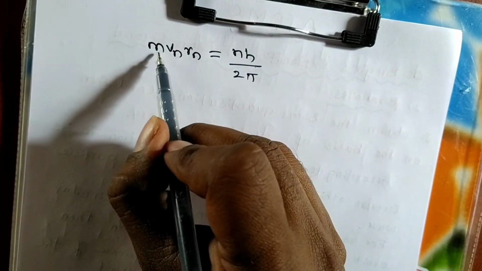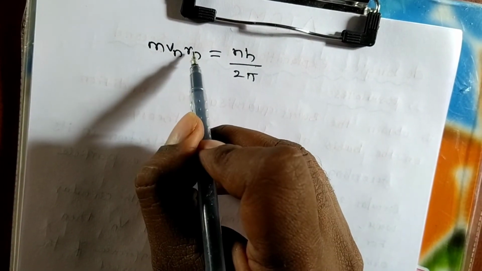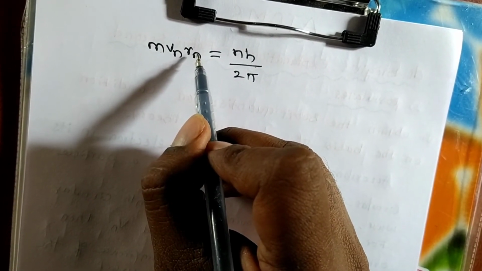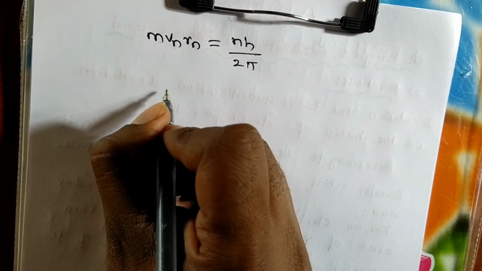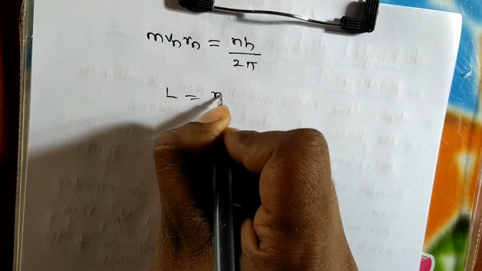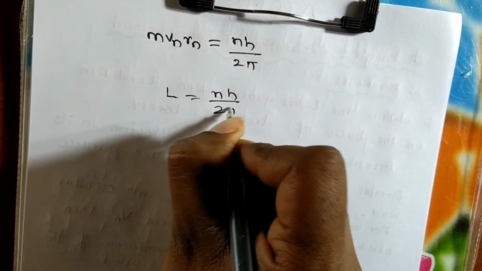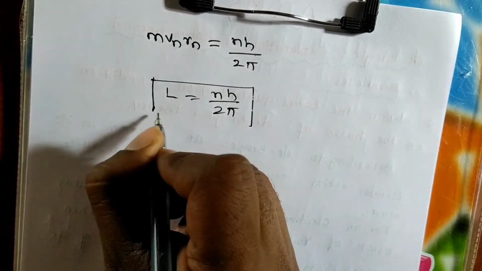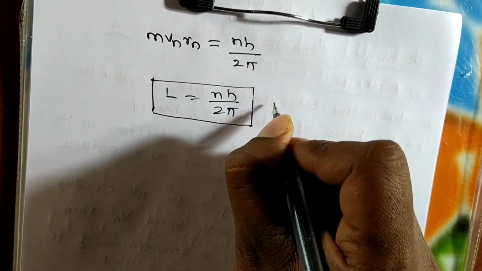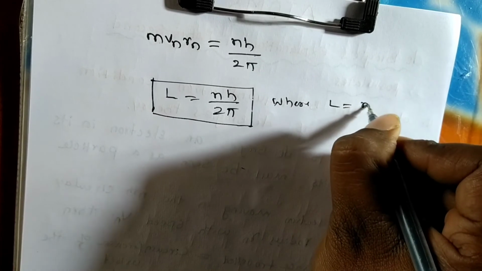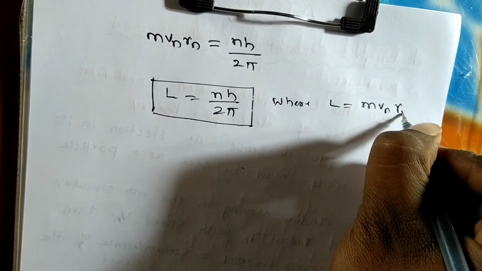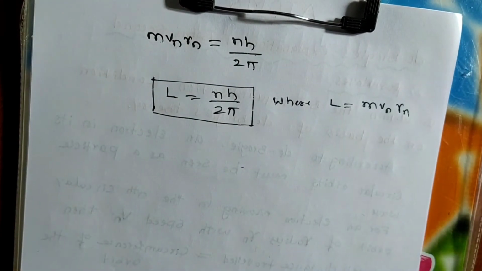Here the product of these three terms, mvr, is considered as angular momentum. That angular momentum is denoted by the symbol L. L is equal to nh divided by 2 pi. This is the final expression, where L is equal to mvn rn. We call L angular momentum.